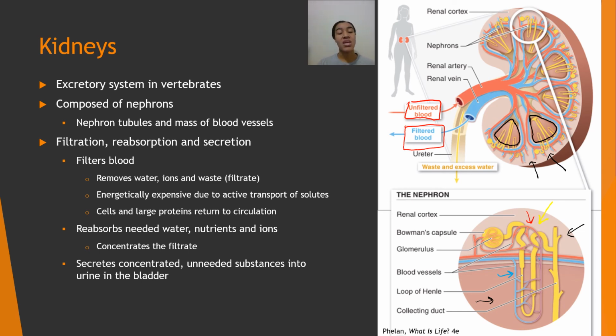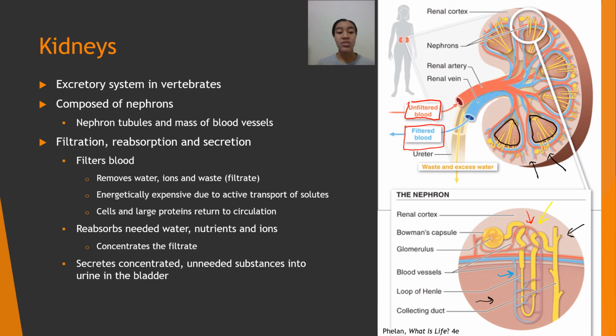And then whatever's left that we don't need, so excess water, salts, waste, etc., is super concentrated at the end and added to the urine and in the bladder, and then eventually it's released from the body when you go pee.